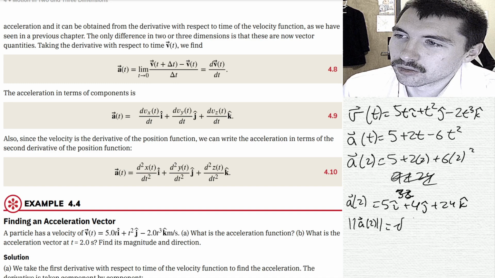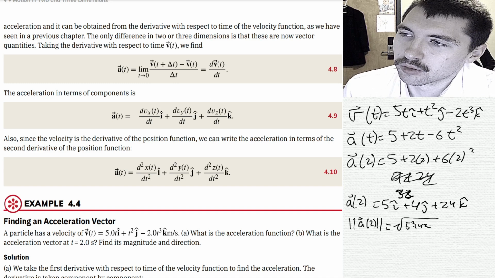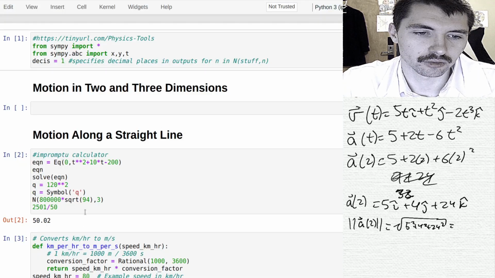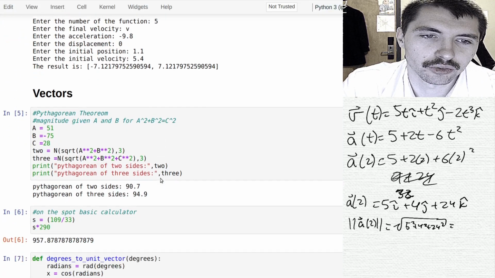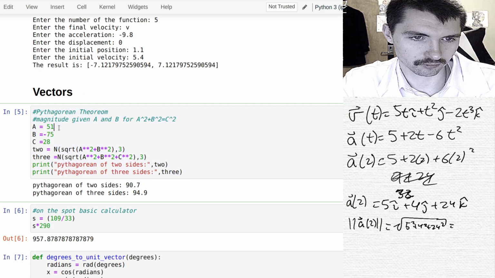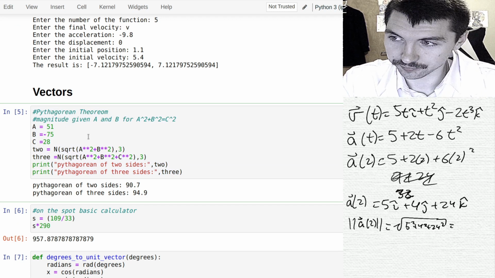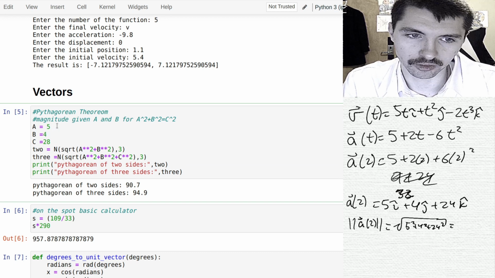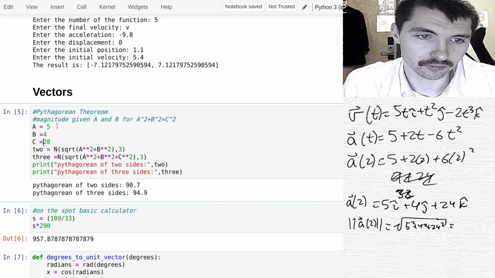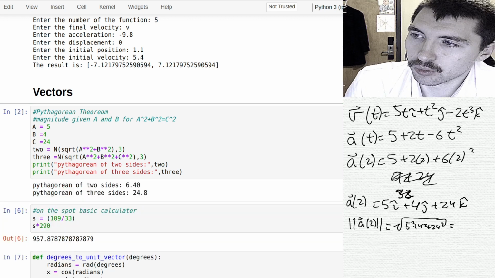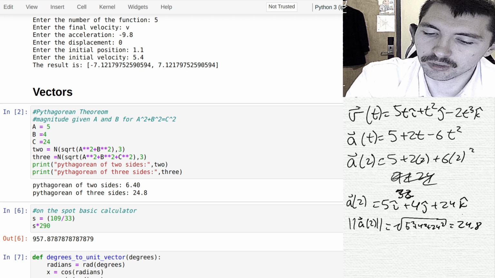So that's going to be the square root of 5 squared plus 4 squared plus 24 squared. So we're going to scroll down to vectors. All right, so 5, 4, 24. I'm getting 24.8 for the magnitude.